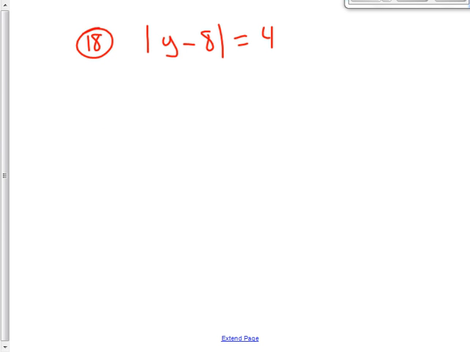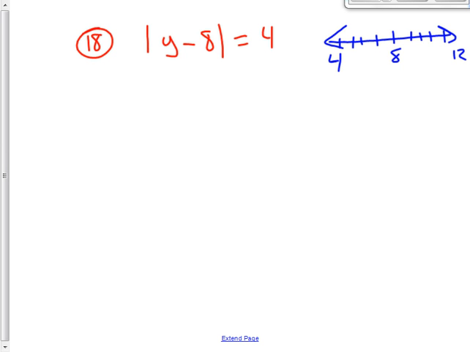Now I took this y equation, whatever the function is, and I took it to the right 8. So I'm starting at 8 and I want to go 4 away from 8. On the number line, I start at 8 and go 4 away. That gets me to 12 over here, and to 4 over here.